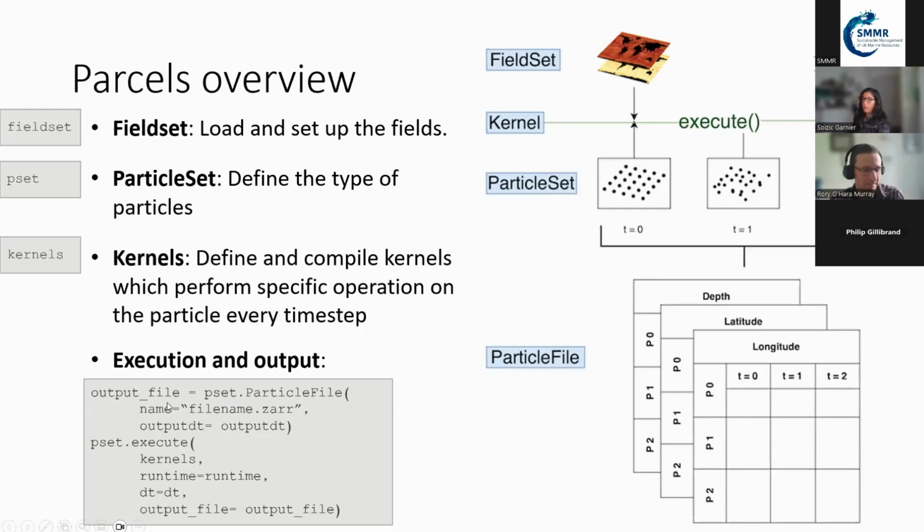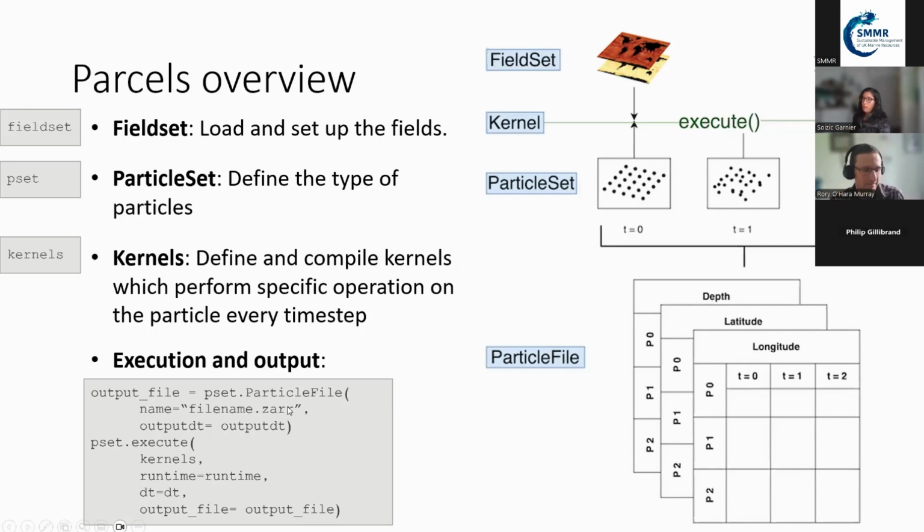so here I've defined it, an object output file based on the ParticleFile class, and that needs to take two arguments. First, the name of the file where you're going to save the output. So here, simply called file name. But I want to draw attention to the format. This is a .zarr.